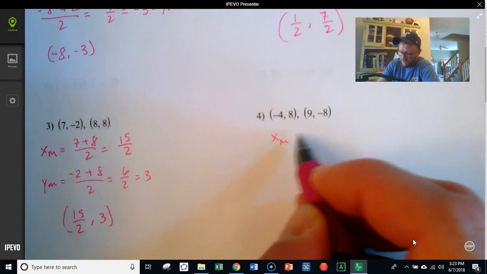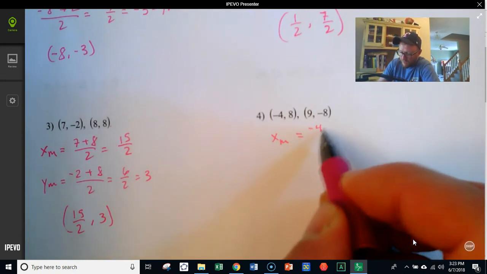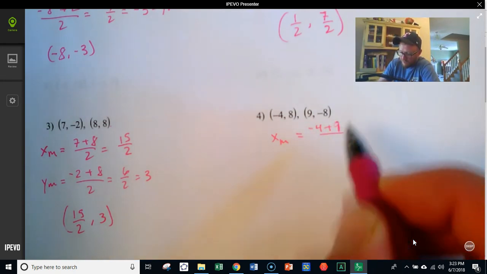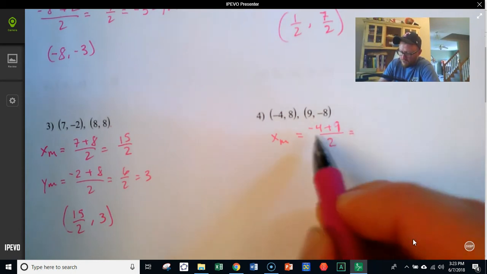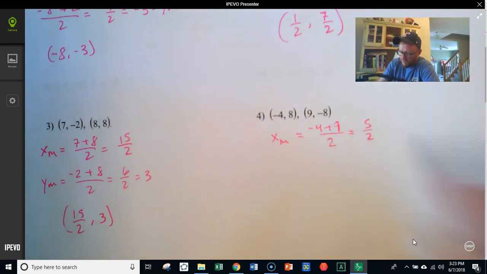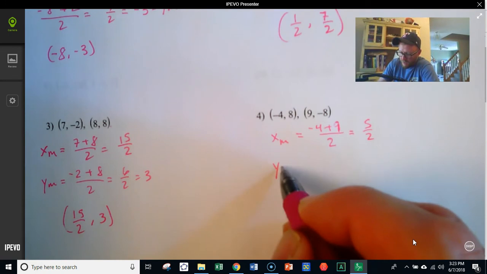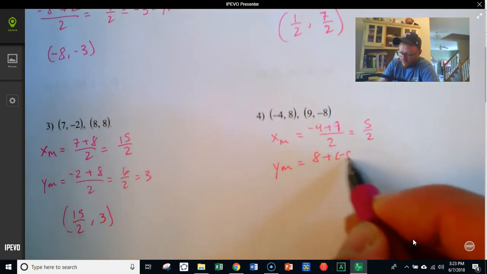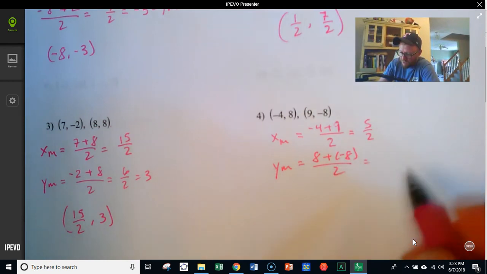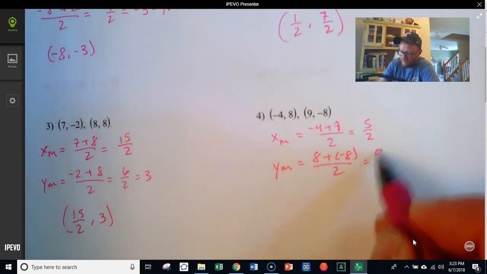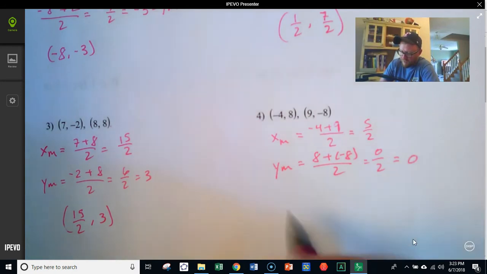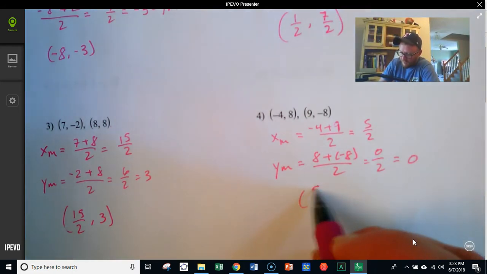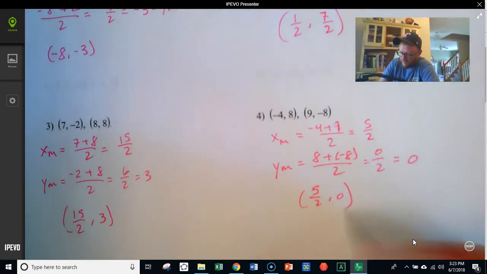Our x-coordinate for the midpoint is -4 plus 9 over 2, which is 5 over 2, which is 2.5. And our y-coordinate would be 8 plus -8 over 2, which is 0 over 2, and that's just 0. So we have 5 halves, comma 0.